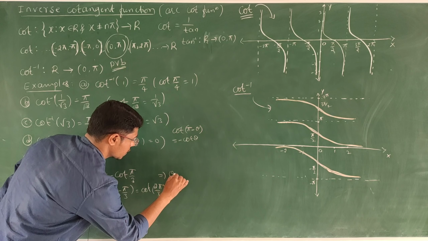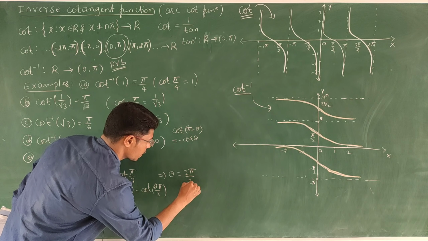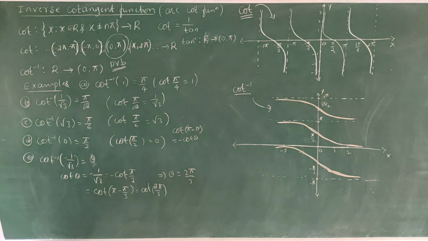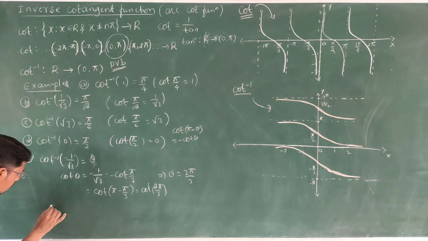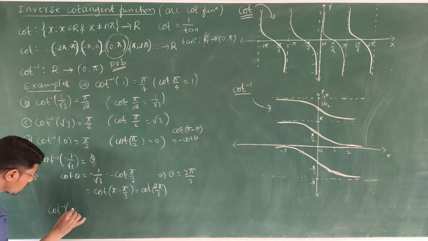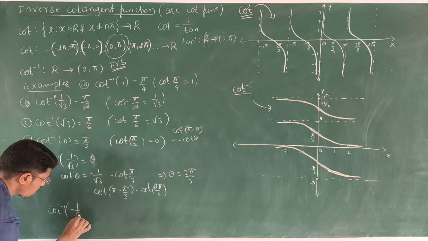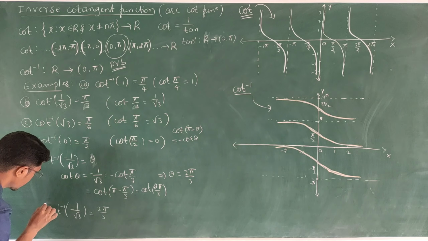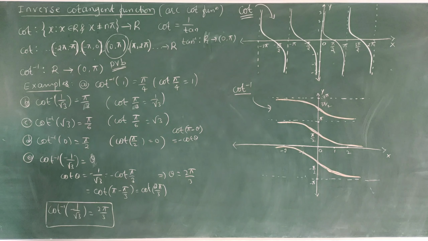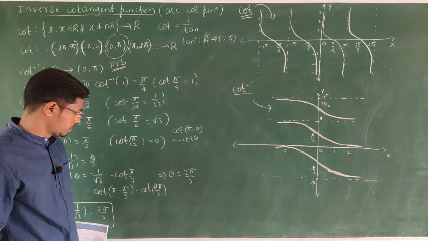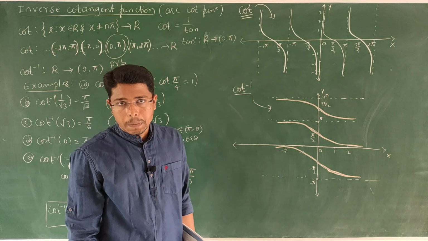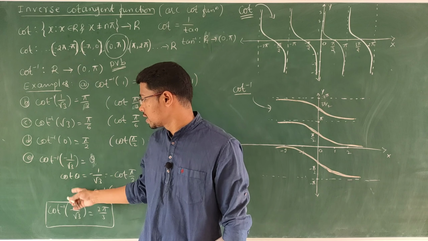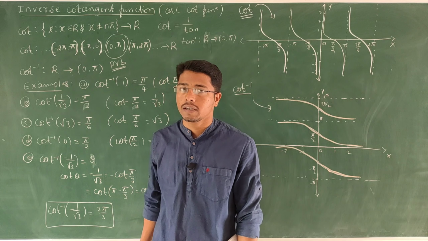This implies theta equals 2 pi divided by 3. Therefore, cot inverse of minus 1 divided by root 3 is equal to 2 pi divided by 3. Okay, dear students, we have to solve negative values in this way by considering theta.